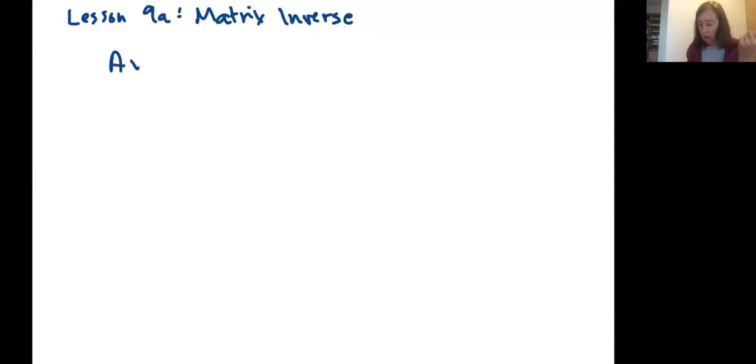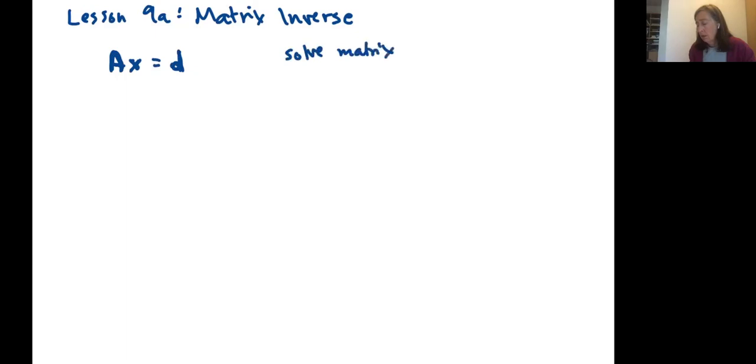I called it A, times a vector of unknown values, and setting that equal to a vector of constant terms. Just going over this to emphasize that these are matrix and vectors here.